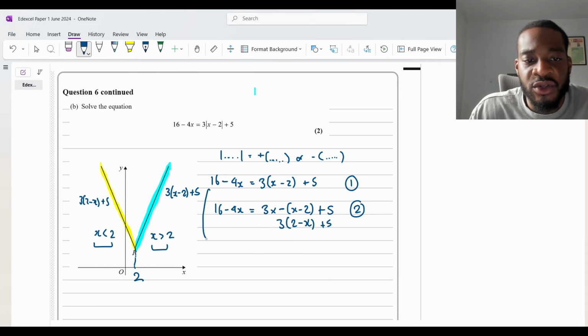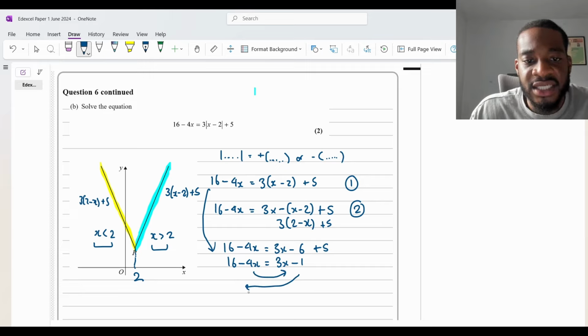So doing the first one: 16 minus 4x, expand that, 3x minus 6 plus 5. That is fine. Let's tidy that up a bit. So I've got 16 minus 4x is equal to 3x minus 6 plus 5, which is minus 1. Now I'm going to move that there and that there.